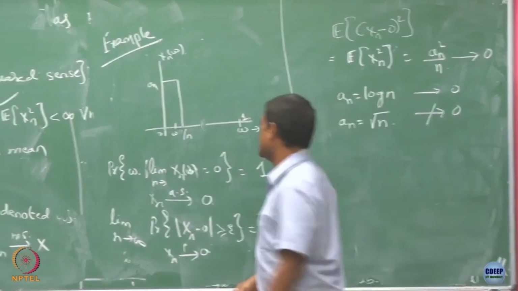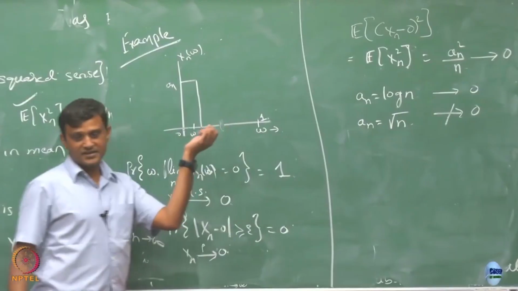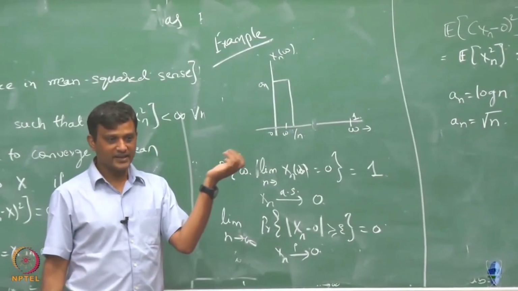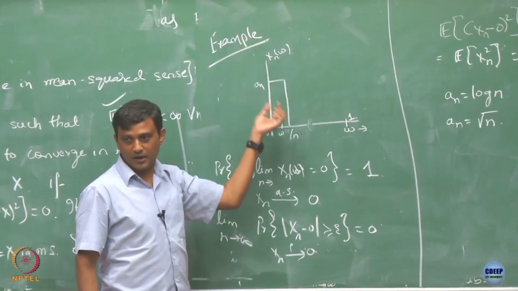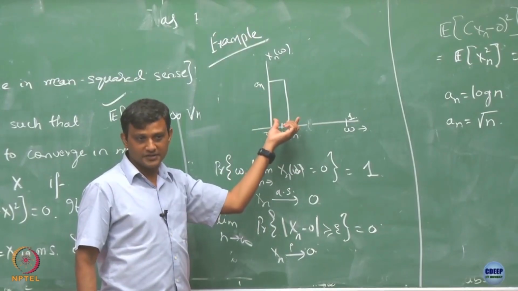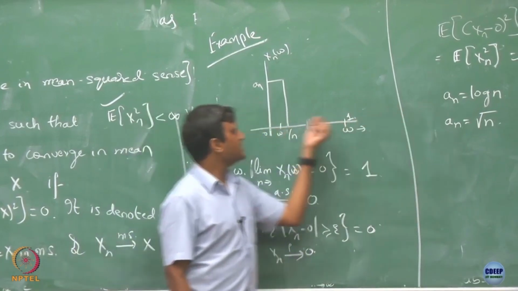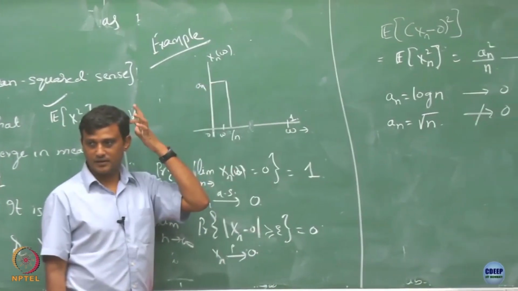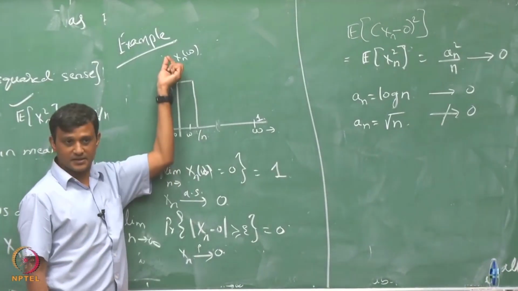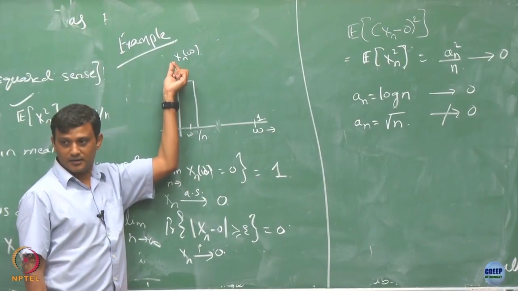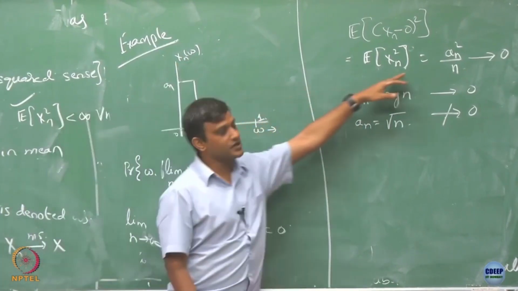So what is happening here? It looks like the convergence in the mean squared sense depends on how large this amplitude is. If the value of an grows only logarithmically in n, and this probability is shrinking much faster, then yes, this goes to 0.